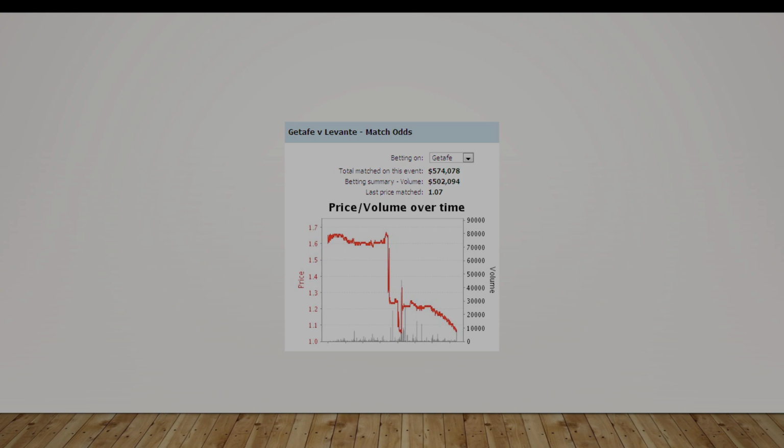I laid Sevilla against Vallecano, and then Vallecano went 1-0 up, then 2-0 up. When they were 2-0 up, I laid Vallecano, so I was involved in play. Then Sevilla made it 2-2. In the end, I made more profit than usual.